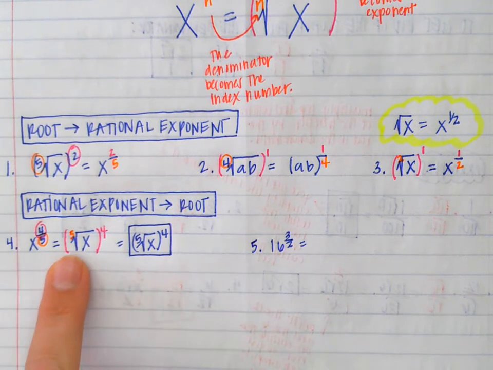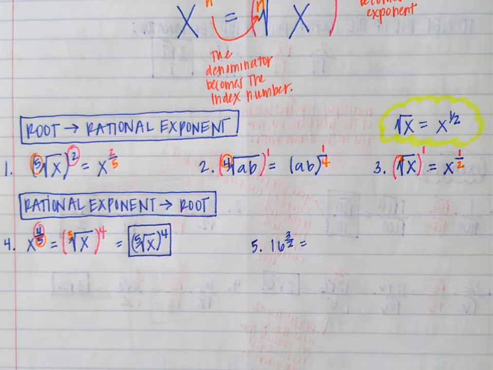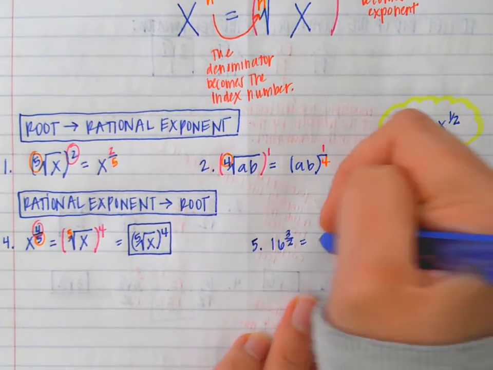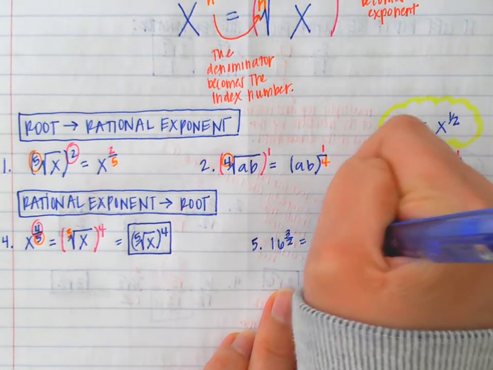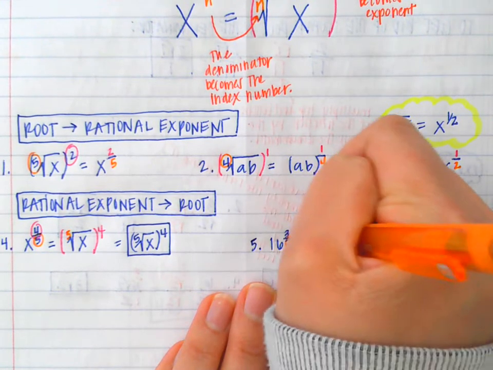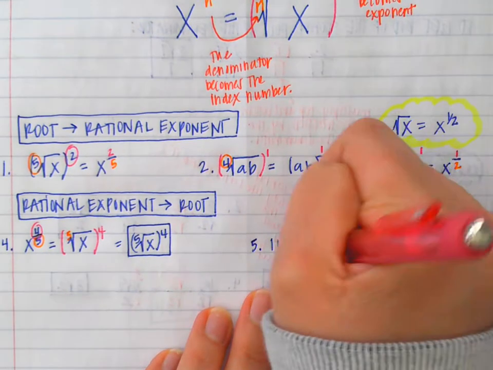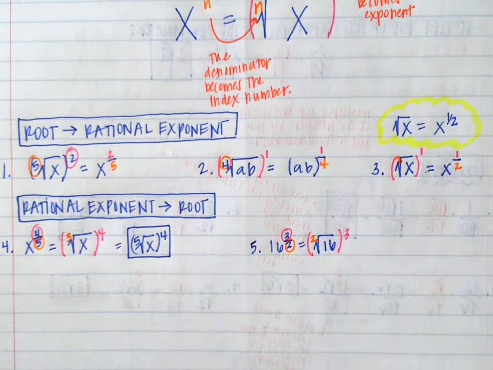So rewrite it just like we did. We went from here to here. Okay, so what's inside the root is going to be 16. My index number, the denominator, is going to be 2. We don't need to write it because whenever the index number is 2, you don't have to write it. And then 3 is my exponent.